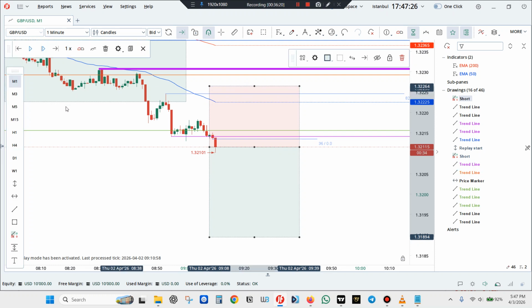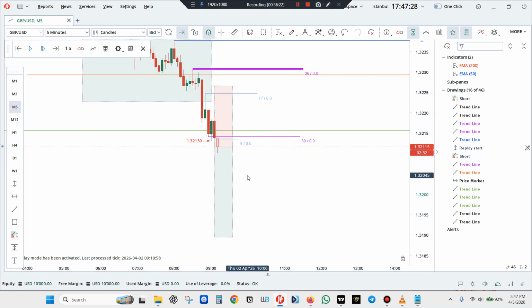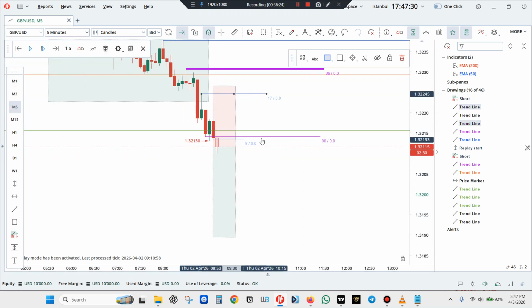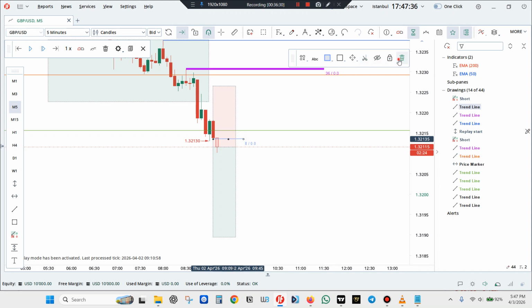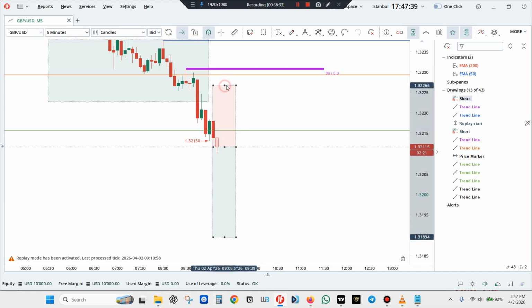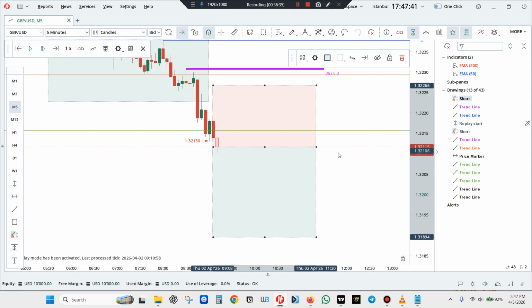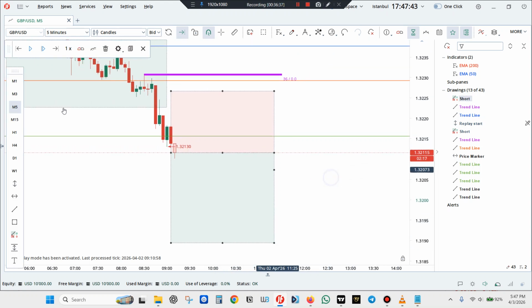Good. So we trade manage this trade on M5. So let me remove all these lines. I want us to trade manage this trade together. Good.